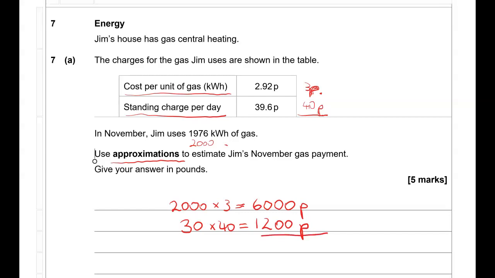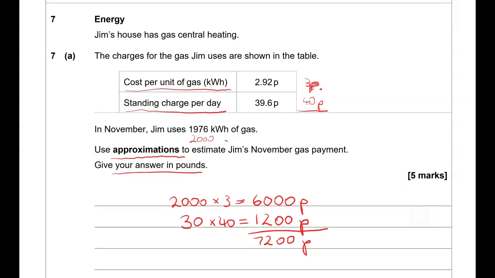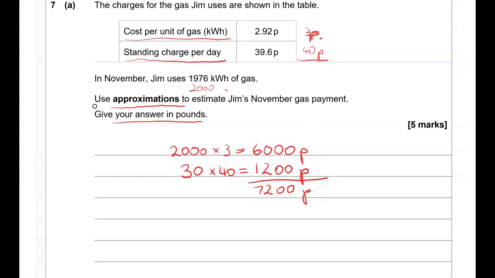So that in total is going to be 7,200 pence. We've got to give our answer in pounds. There are 100 pence in a pound, so if we divide 7,200 by 100, it gives us 72 pounds.